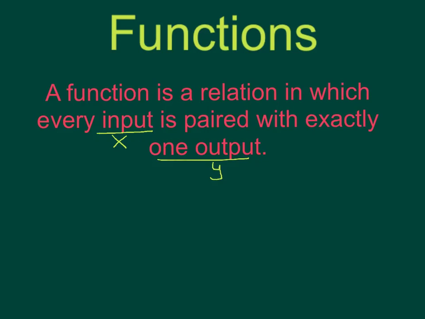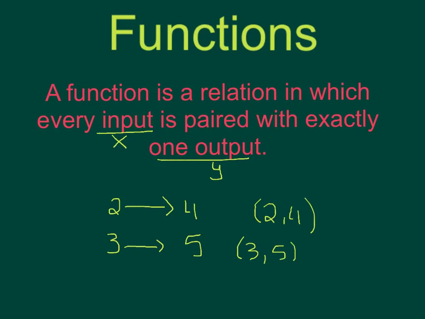So what that means is if you have the x values 2 and 3, 2 can only pair up with one output. So 2, 4 would represent the point 2, 4. It cannot pair up with more than one. Or 3 maybe pairs up with 5, which would be the point 3, 5.